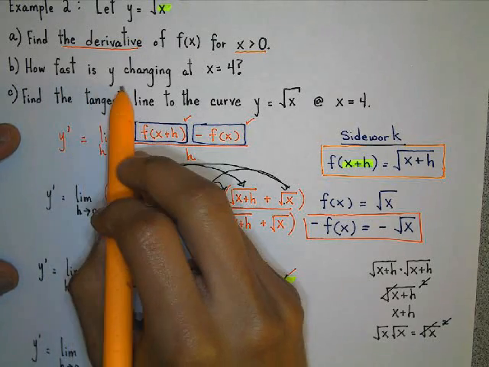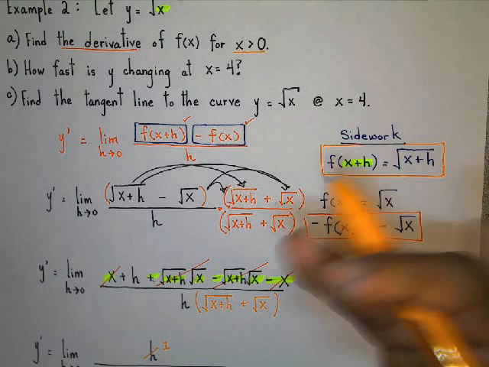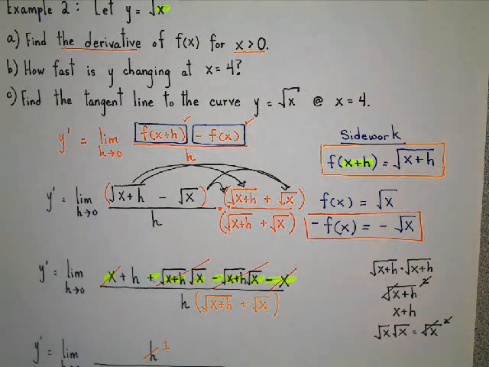Look at part B, the question of part B. How fast is y changing at x equals 4? One thing that I didn't mention is that the derivative tells us the slope, right? And the slope is like the average rate of change. But by us finding the limit and making this a limit problem, we can now find what's called the instantaneous rate of change.